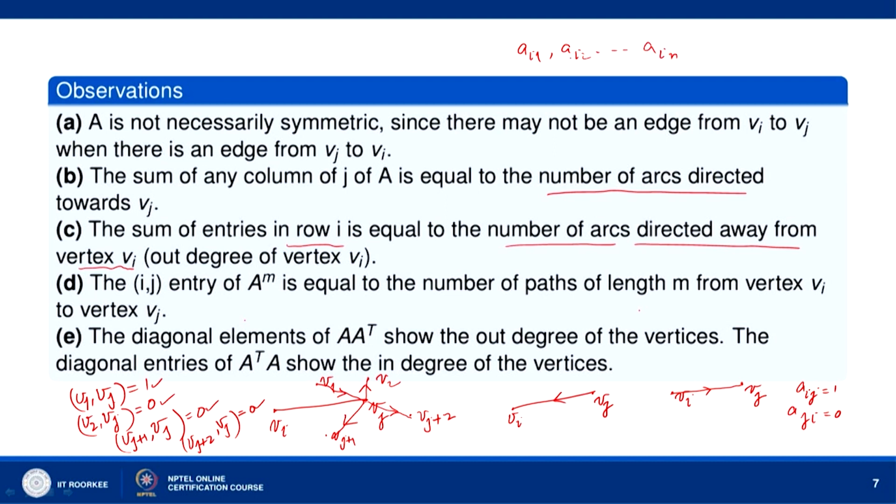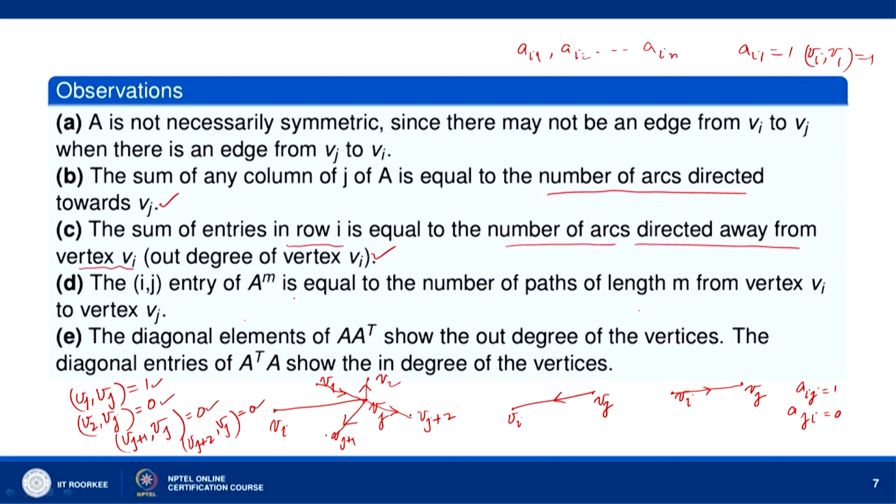So, ai1 equal to 1 means bi b1 equal to 1, and bi b1 equal to 1 means the direction is from bi to b1. So, they are directed away from bi. So, the sum of entries in row i is equal to the number of arcs directed away from the vertex bi, that is the out degree of bi. Here, this is the in degree of bj.